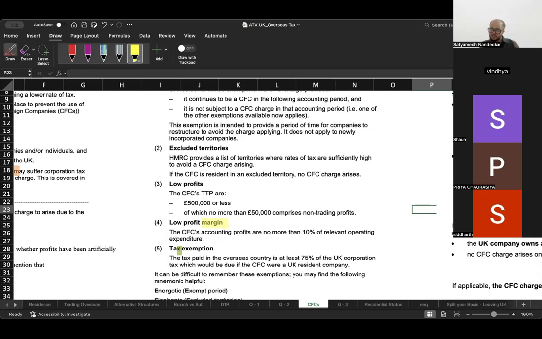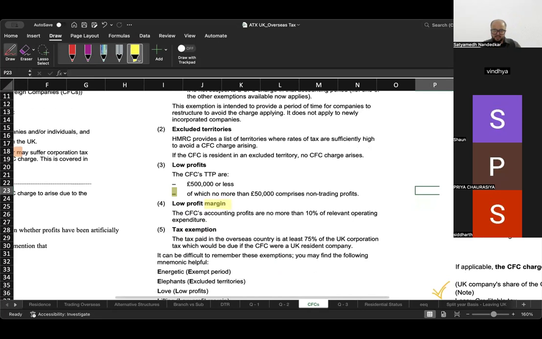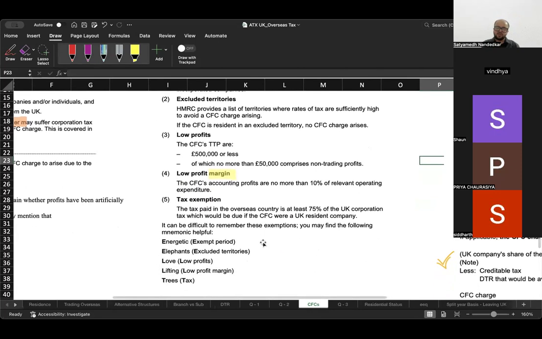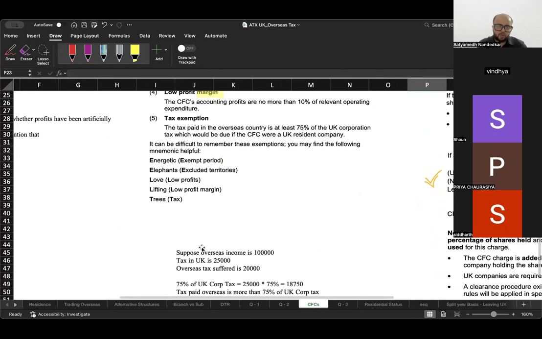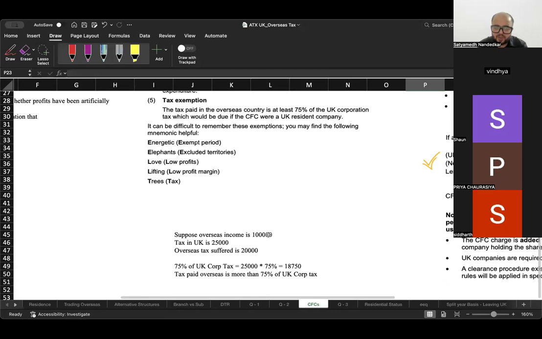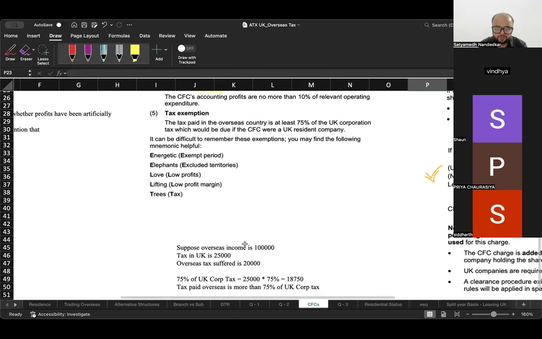Okay, tax exemption is the 5th clause, which says that tax paid in the overseas country is at least 75% of the UK corporation tax, which would be due if the CFC were a UK resident company. What does that mean? Suppose overseas income is 1 lakh. Tax in the UK is 25,000. Overseas tax suffered is 20,000. You get the tax paid in the overseas country is at least 75% of UK corporation tax.